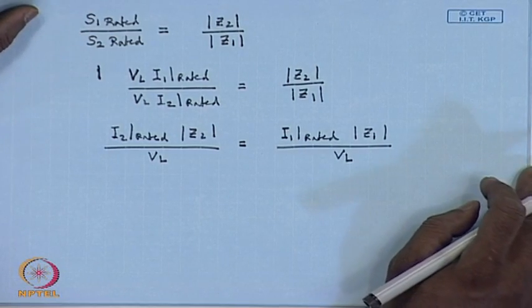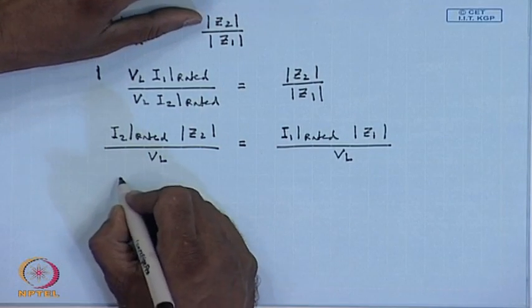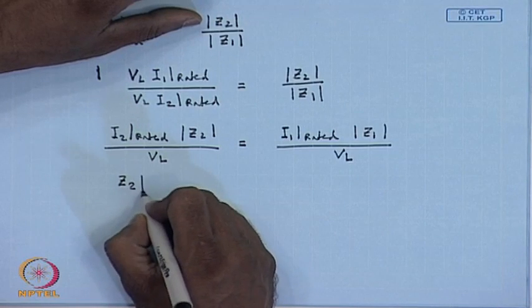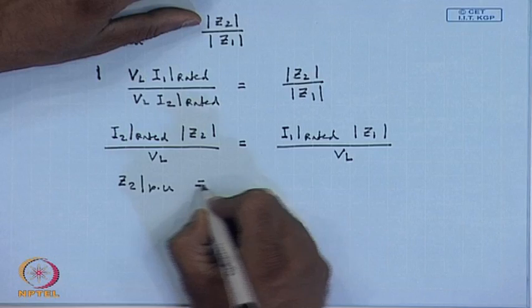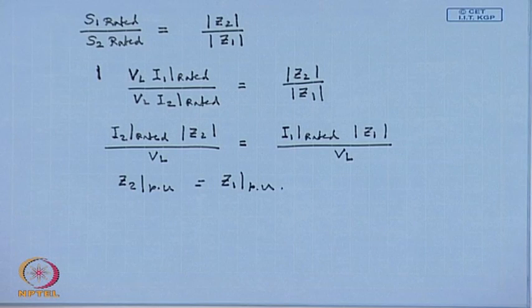Now, if both the transformers have a rated secondary voltage of VL, then this is Z2 per unit PU is equal to Z1 PU. Therefore, in simple terms, the parallel connected transformers should have equal per unit series impedance on their own base. That will ensure that the transformers will share the total load kVA in proportion to their individual kVA rating.